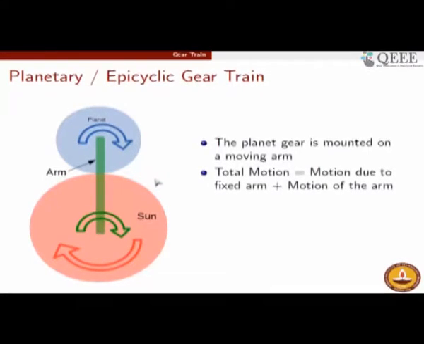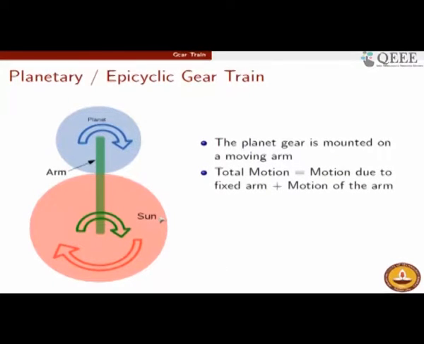So the complexity which has arisen now is this: the total motion of this planet gear is brought about by the motion due to the fixed arm plus the motion of the arm. The rotational effect of this planet was always there even if the arm were fixed. The revolution effect has now set in because the arm is set into rotation about the same axis as where the sun is rotating.